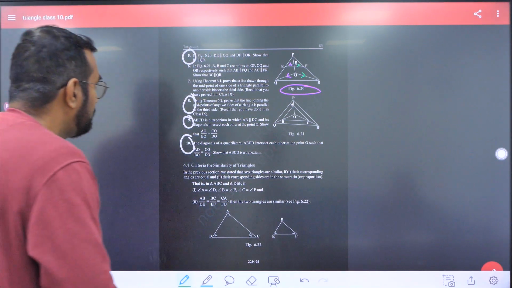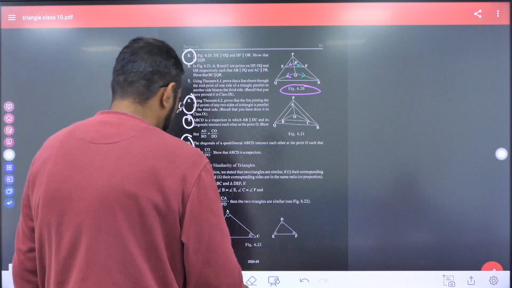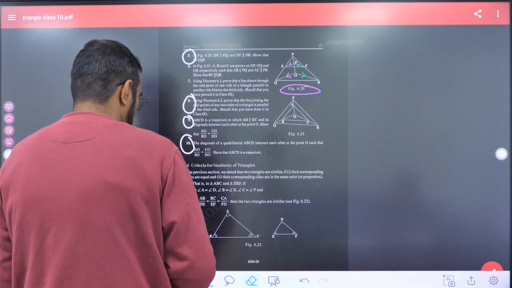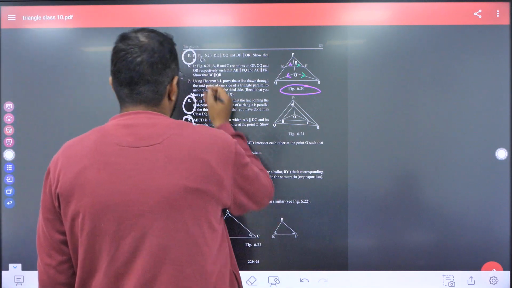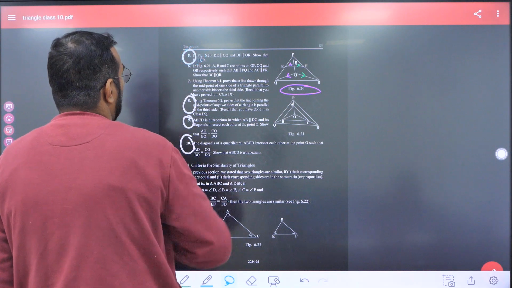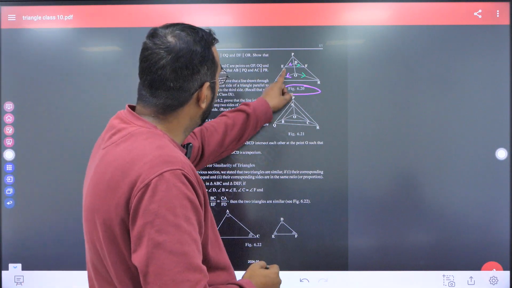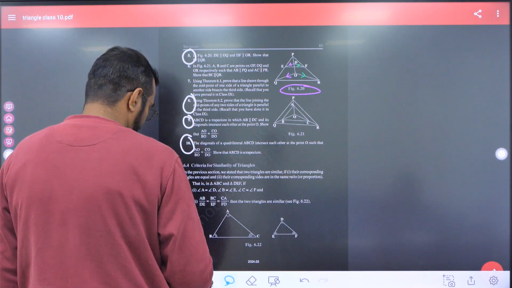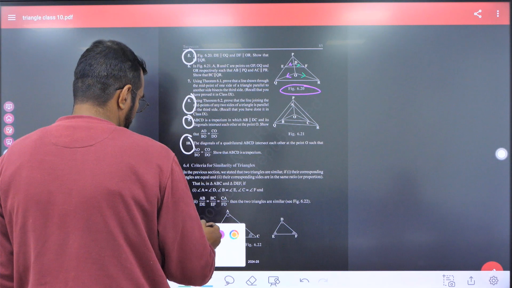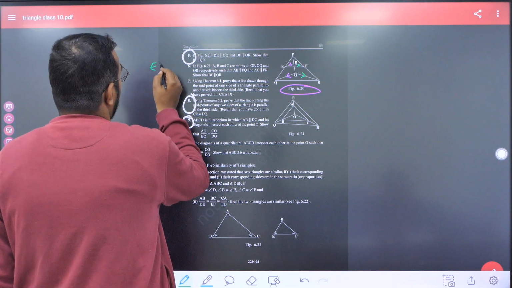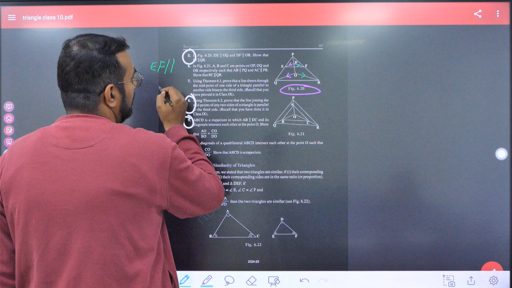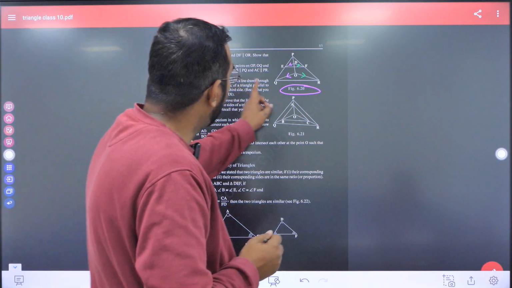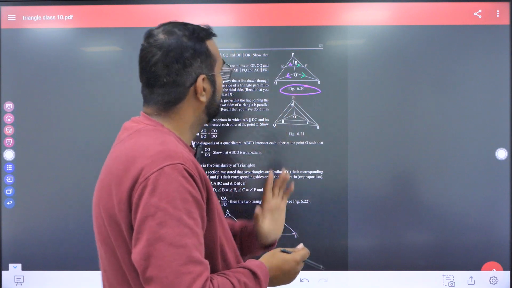Okay, and we have to show that EF is parallel to QR. Okay, we have to show EF is parallel to QR.